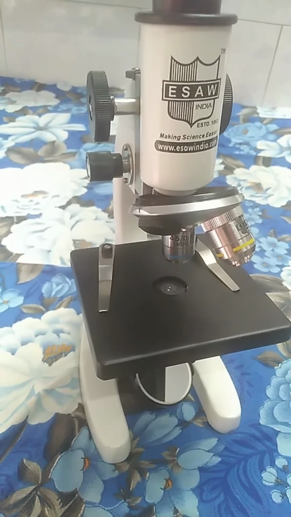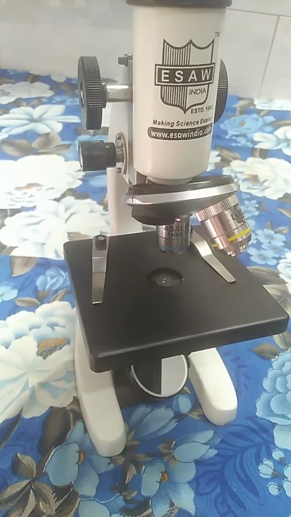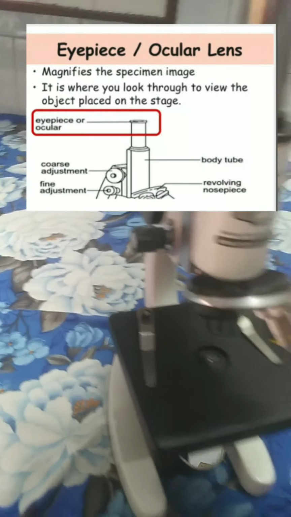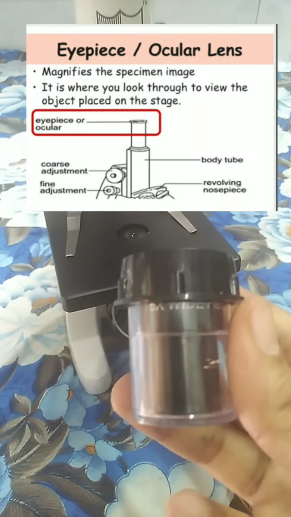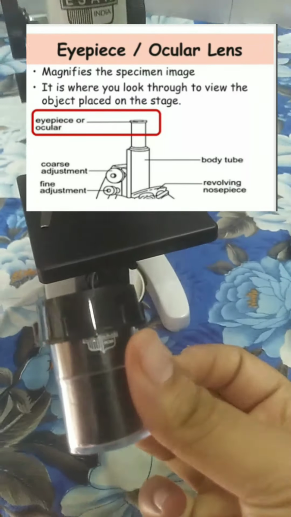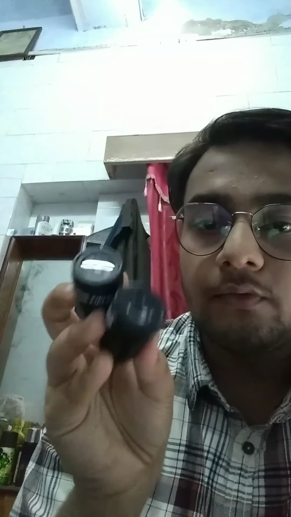When we talk about the eyepiece, I have two eyepieces, one and two. These are the two eyepieces which I got with this microscope. So what is an eyepiece? The eyepiece basically magnifies the specific image which we are seeing under the microscope.